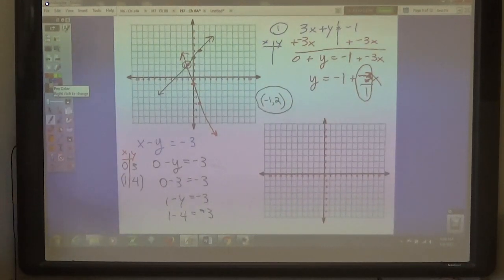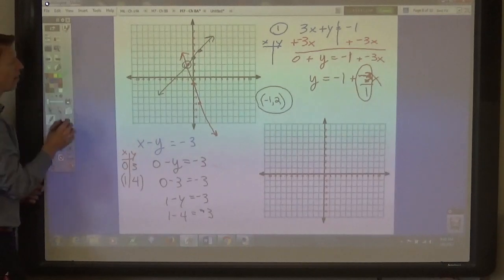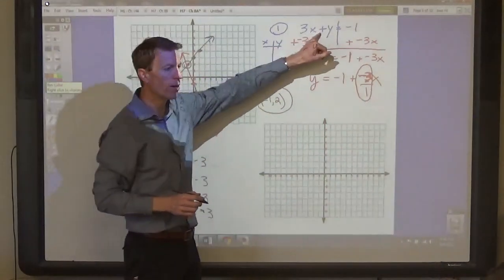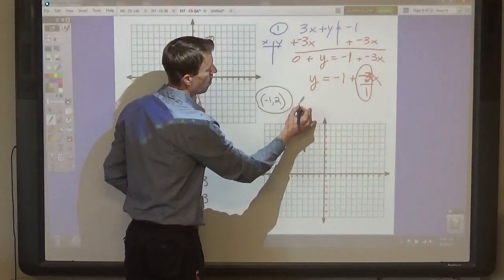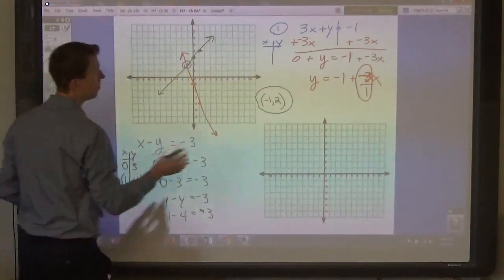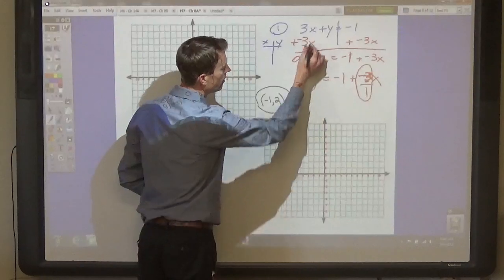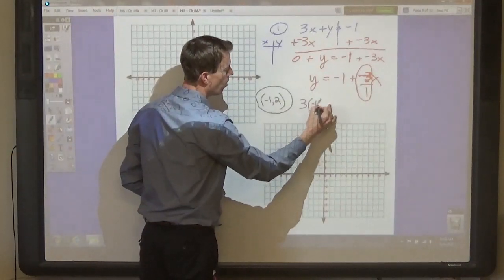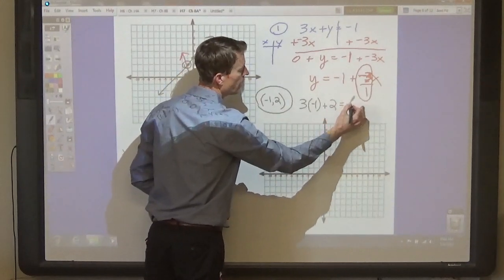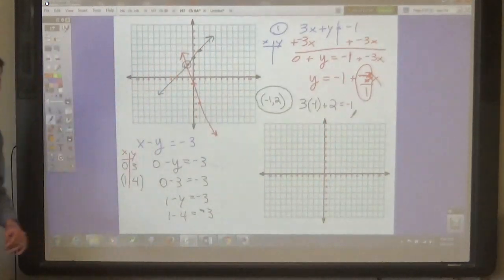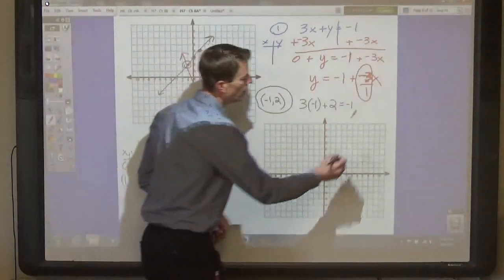Well, we have to check. Now we have to check that solution and make sure we have it. So, put negative 1, 2 into our original equation. 3 times negative 1 plus 2 should equal negative 1. Is that true? Yes.